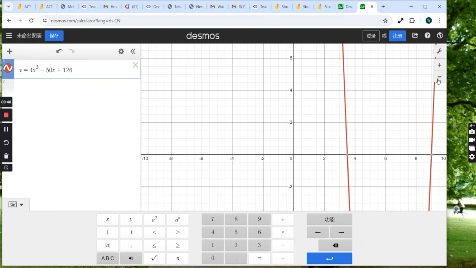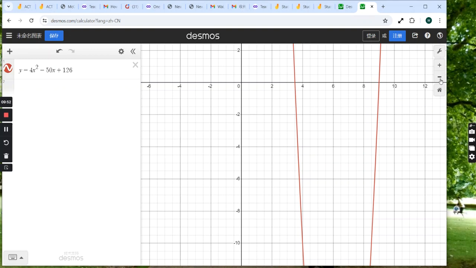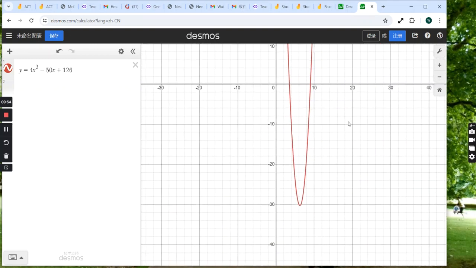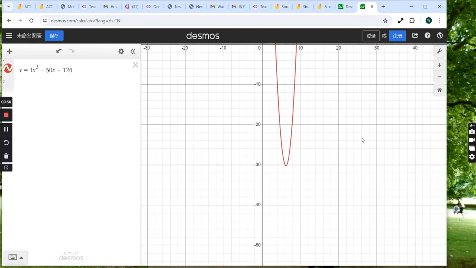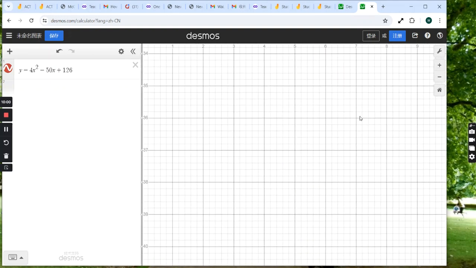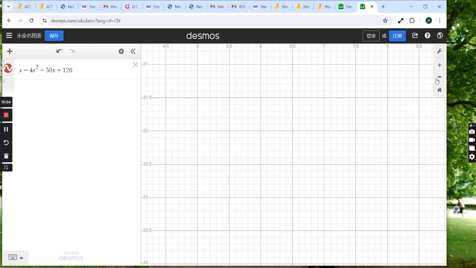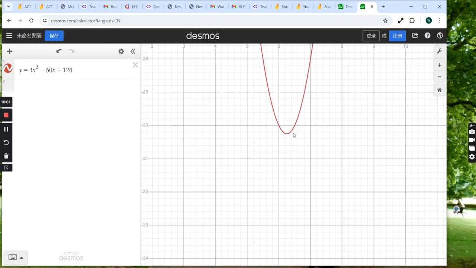On the exam, to save time, this is what I want you to do. You grab this, and this is the minimum point. When you reach the minimum point, you have to zoom in a little, because if you point anywhere, a number will show up. So it's important that you point at the minimum.